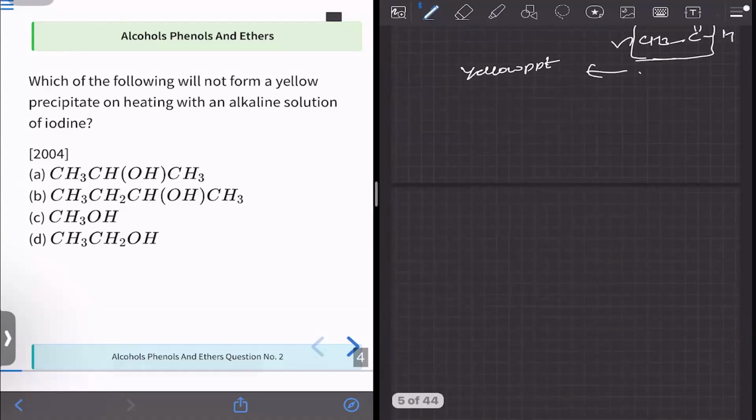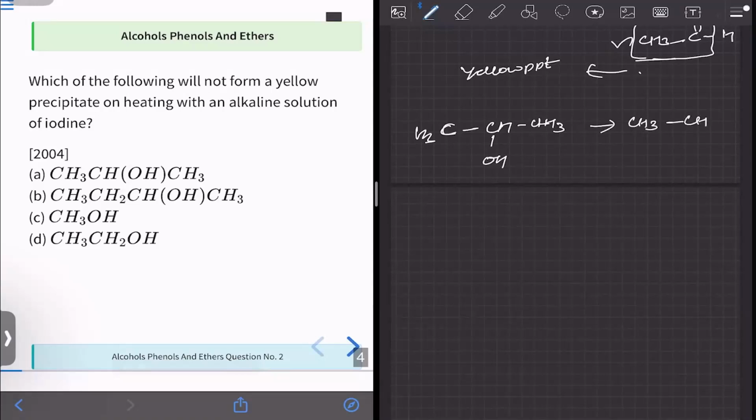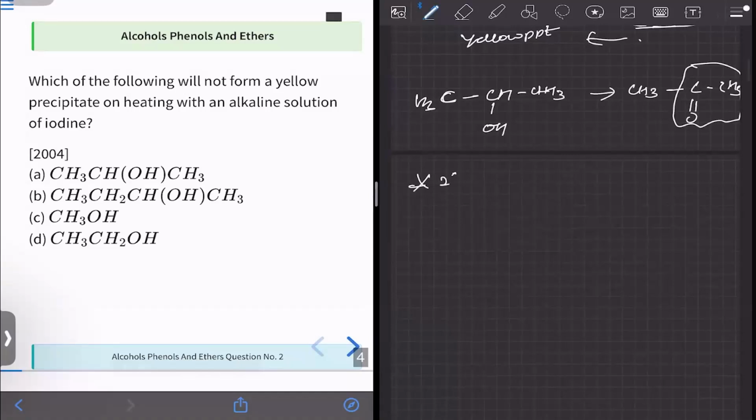In the case of secondary alcohol also, CH3 CH(OH) CH3, whenever it reacts, it gives CH3 C double bond O CH3. It also contains a carbonyl group. So secondary also produces a yellow precipitate.